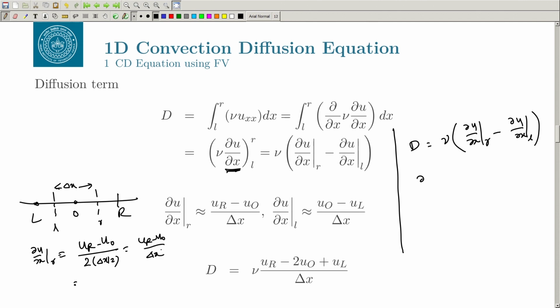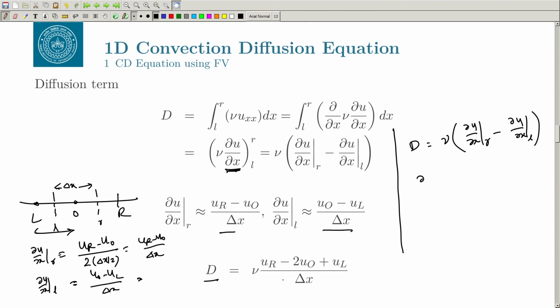And similarly, if you go to du by dx at L, that will become (u_o - u_L)/delta x, right. So this distance is delta x. So we have these two values.